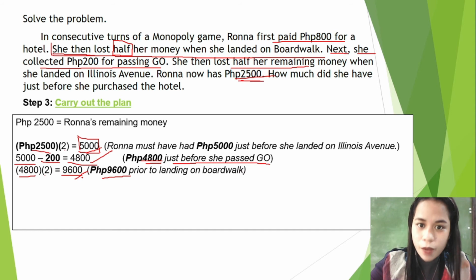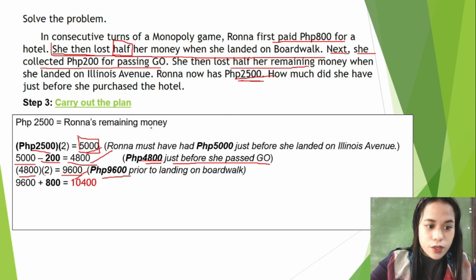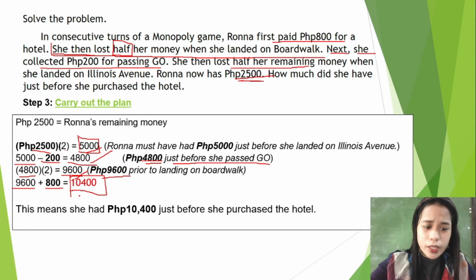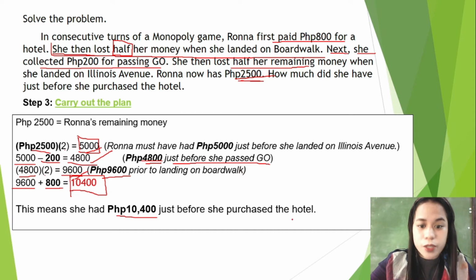In working backwards, since subtraction yung ginamit natin, we need to add 9,600 plus 800. So, the original money here is 10,400. Therefore, Rona had 10,400 just before she purchased the hotel.